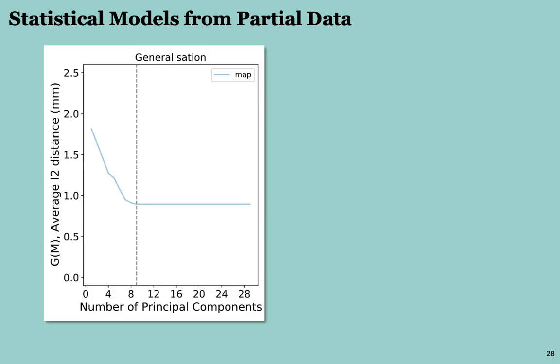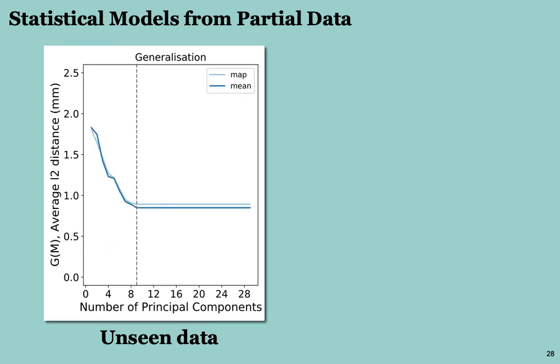And so to evaluate which method works the best for constructing statistical models, we use two different measures. The first measure is generalization, which measures how good the model is in describing previously unseen data. The dotted line here describes the maximum number of principal components for most of the methods. As we only have a dataset of 10 femurs, we get a maximum of 9 principal components.